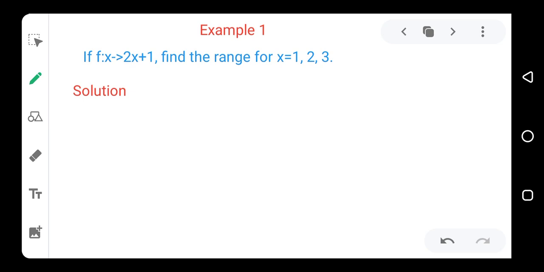Now, what do we do here? Or what is this asking us to do?